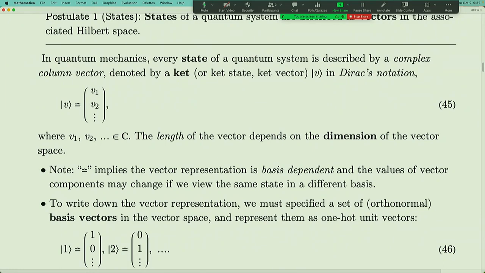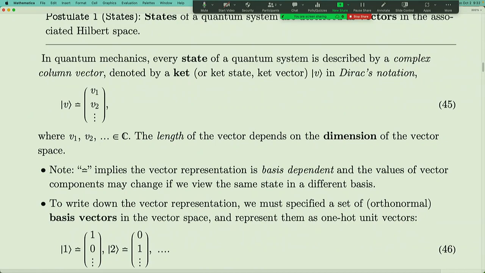This ket V is an abstract vector. It's an abstract symbol of the vector. But when you want to represent it or write down its vector components, you need to tell me your choice of coordinate system, or the basis of your coordinates. Only with that choice can you write down all the components.